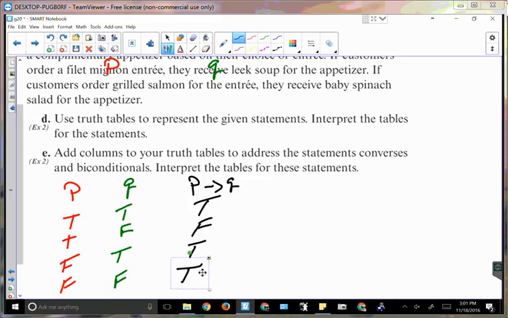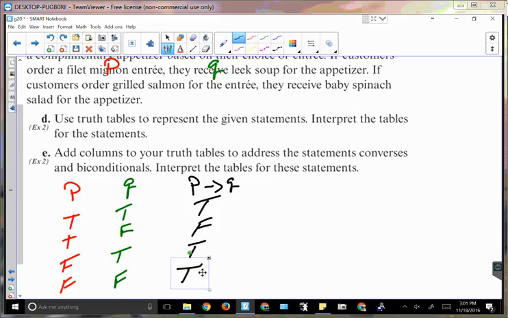Remember, if you start with a false, if then. Okay? That's what's going to end up happening. So, here we go. So what ends up happening if they order salmon? What happens? Okay, if they order filet mignon, they get what?